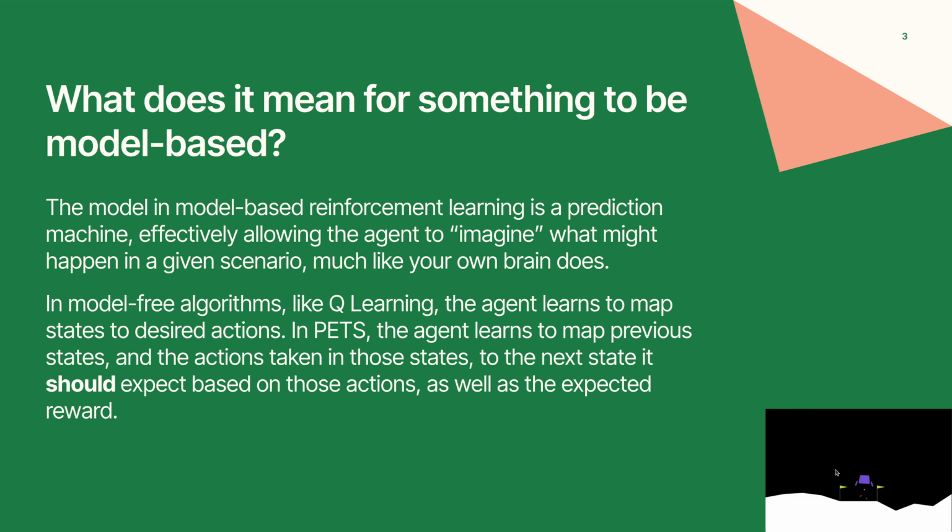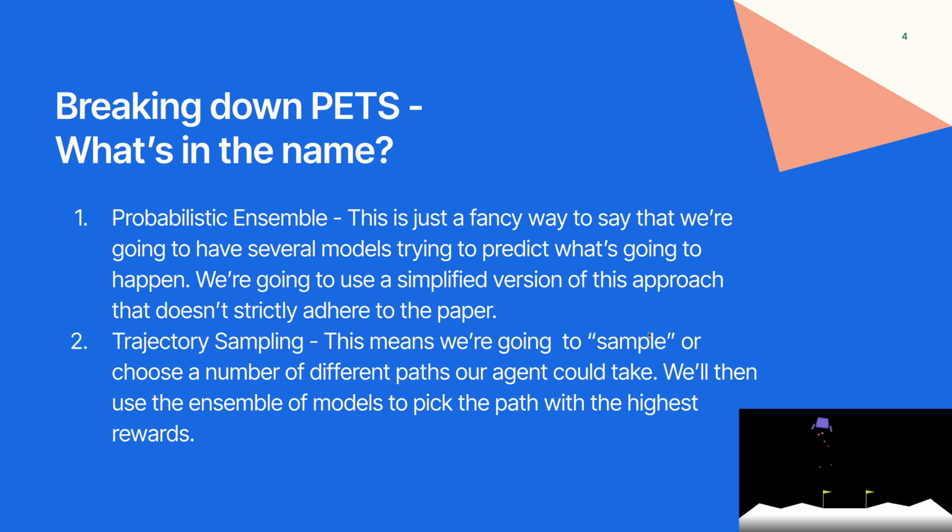So what we're doing is less directly model driven, in the sense that it's not a model making the decision directly. With the PETS algorithm, we're going to have several models that will predict the next state.